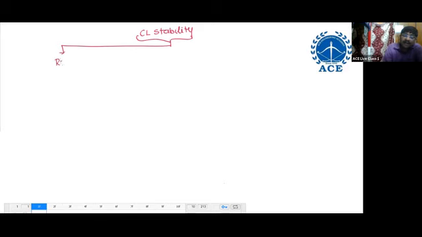The first one is RH criteria. The second one is root locus. Next, Bode plots and Nyquist plots.